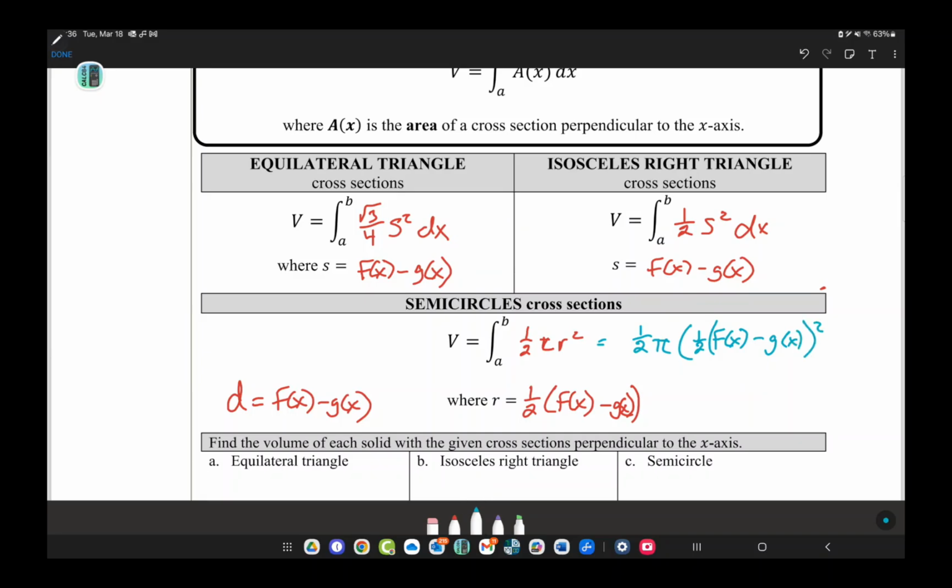We're going to square that 1/2, right? This is going to give you 1/4. Integral from a to b. So if I can bring that out, I can write this as 1/8 pi integral from a to b of f of x minus g of x squared.